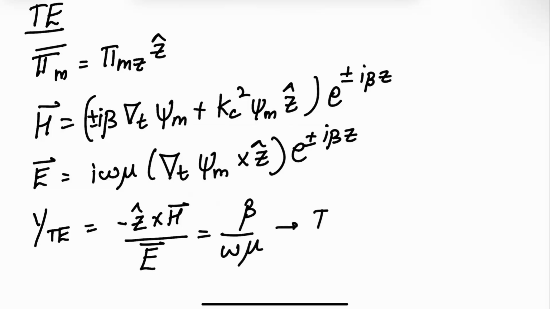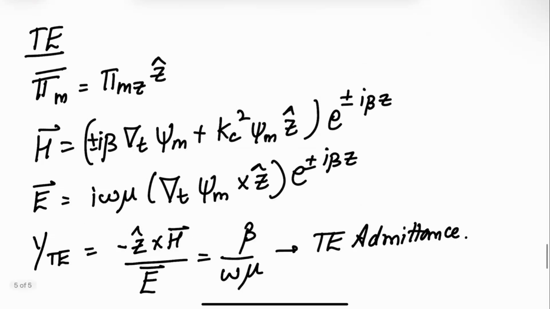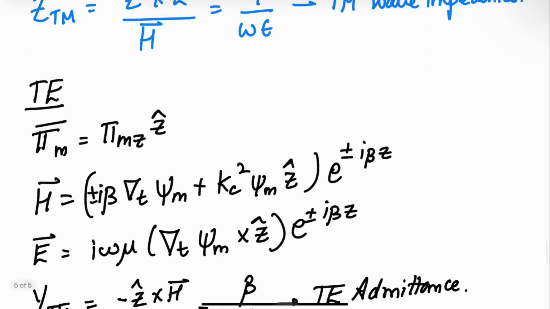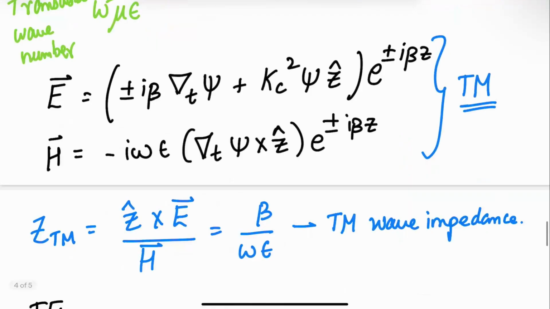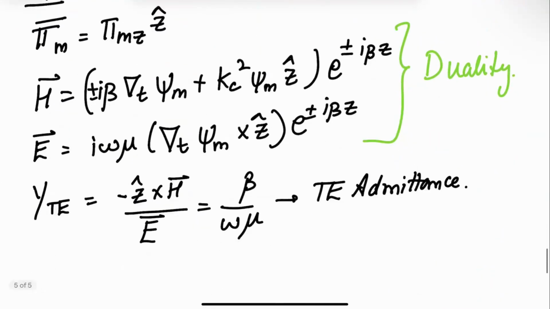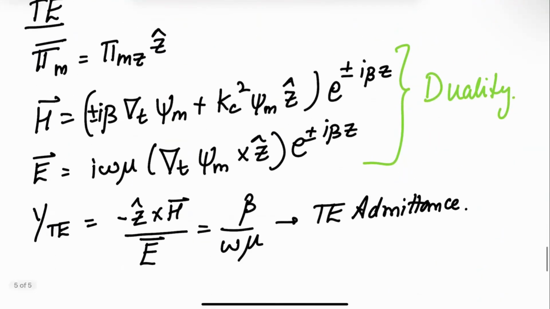So this is the TE admittance. And if you actually look at the fields, they're nothing but duals of the TM modes. So you don't have to solve it from scratch. You can just apply duality to the E and H fields, and that will give you the H and E fields for the TE case.